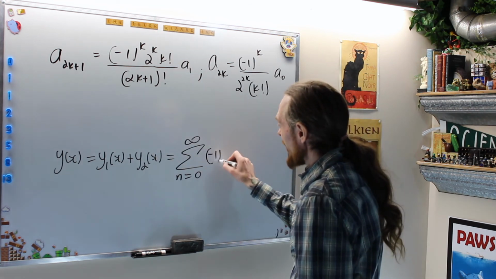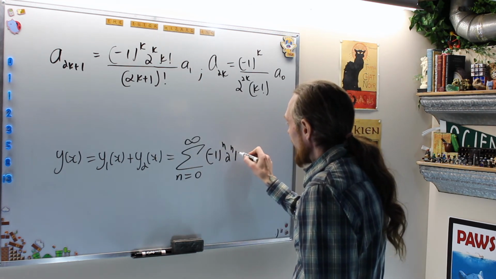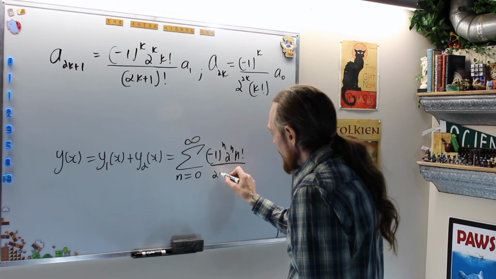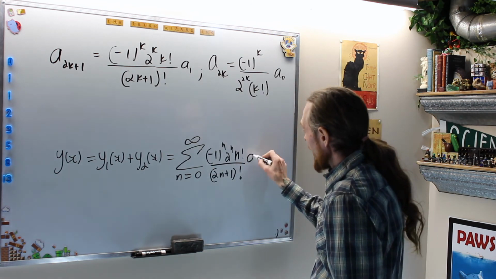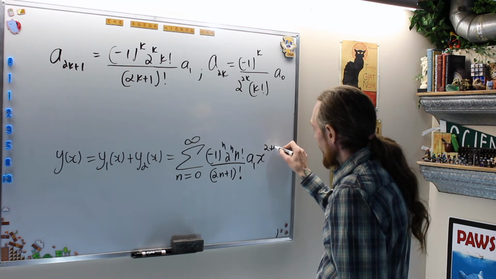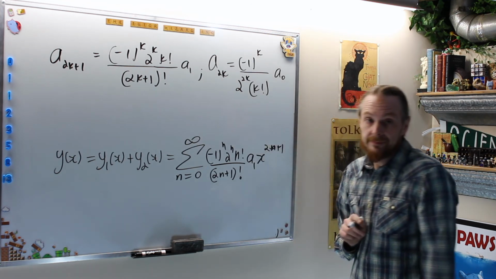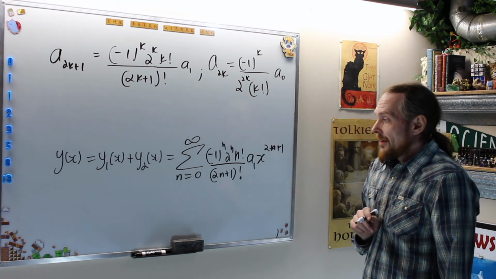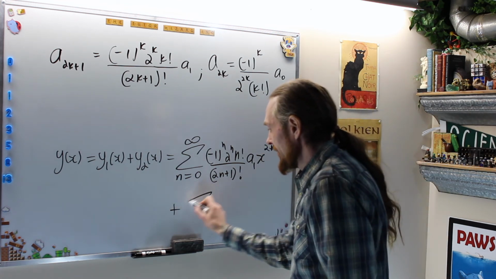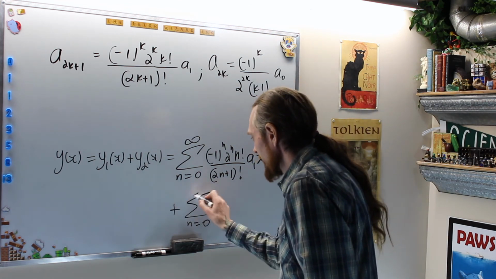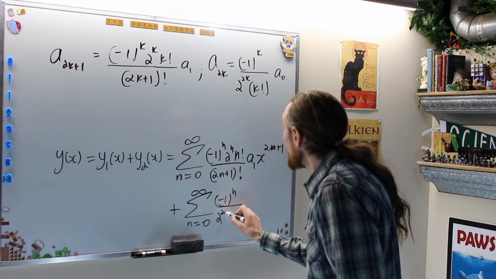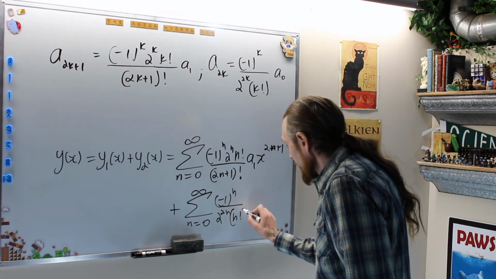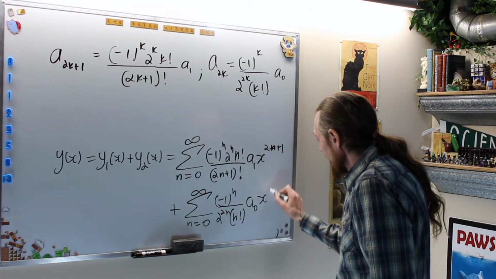This is negative 1 to the n, 2 to the n, n factorial over 2n plus 1 factorial times a1 x to the 2n plus 1, plus the sum from n equals 0 to infinity of negative 1 to the n over 2 to the 2n n factorial times a0 x to the 2n.